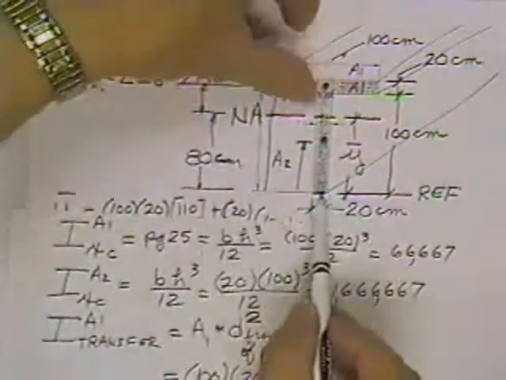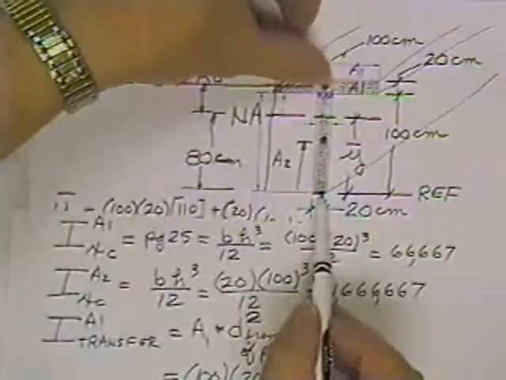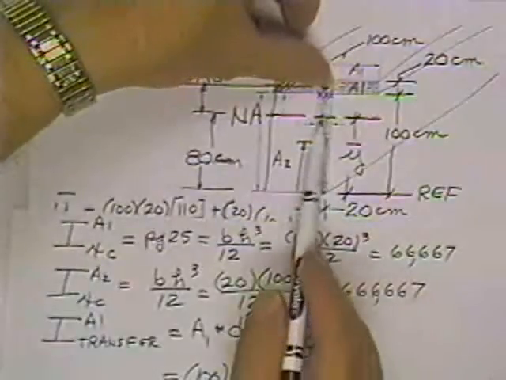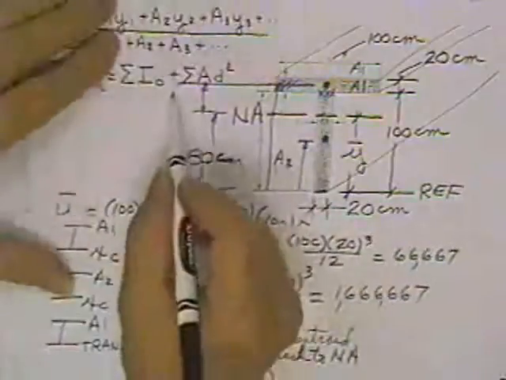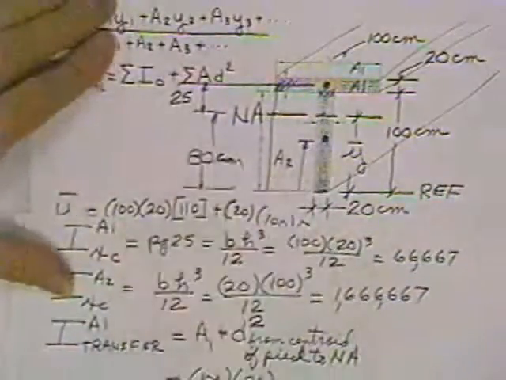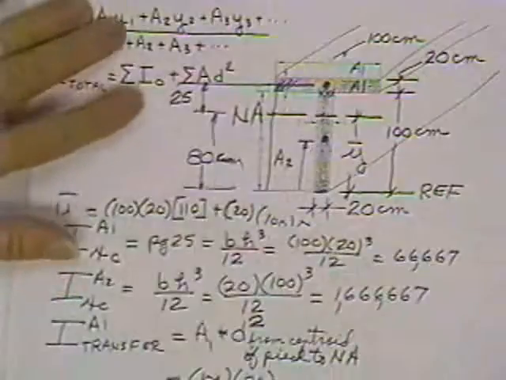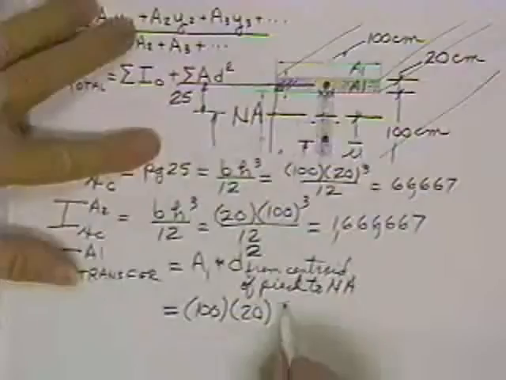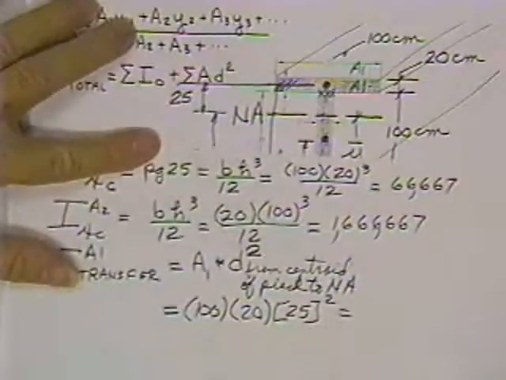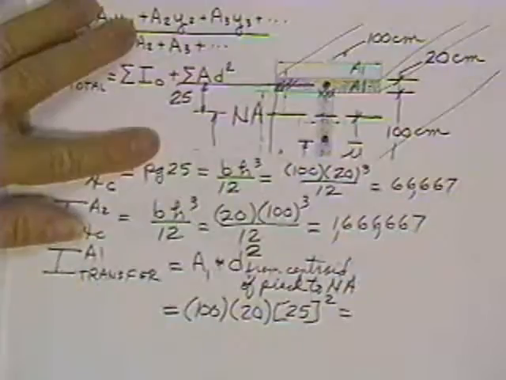Well, this was 110, so 110 take away 80 is 25. So that's how many centimeters it is from the area 1 centroid to the neutral axis. So we multiply that times 25 squared, and that's the transfer moment of inertia.